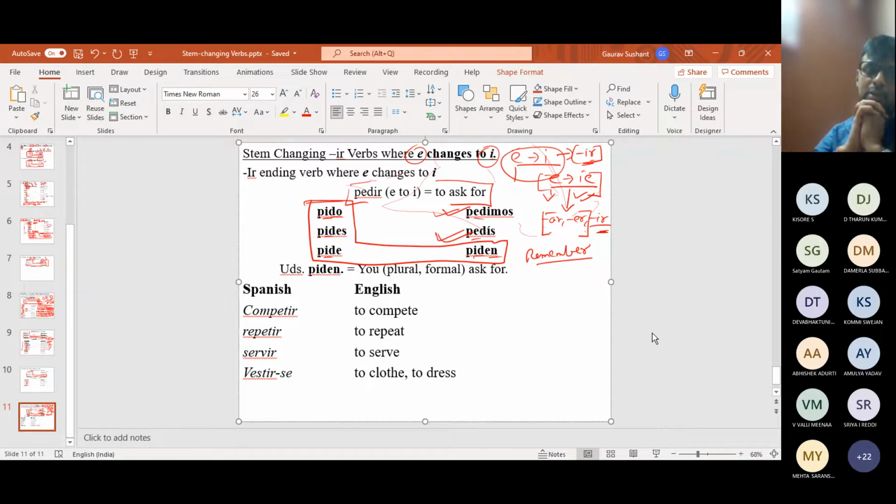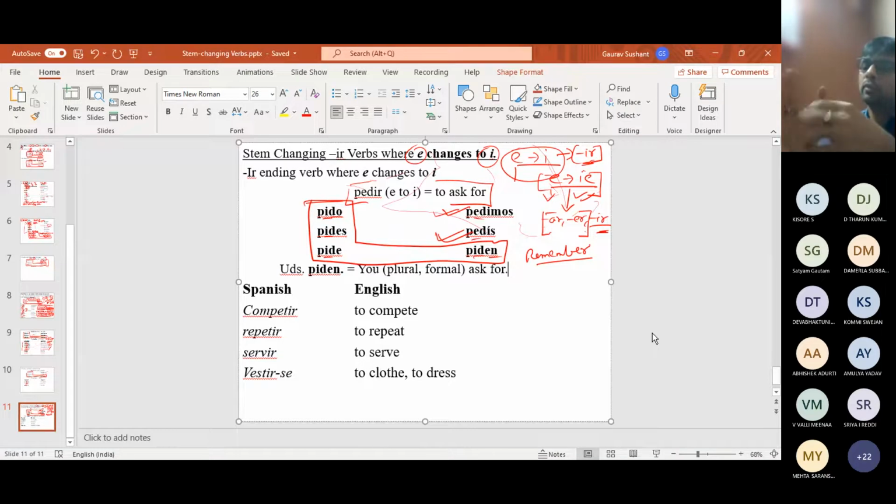At least those which are given in the slides, please remember them. I could make this list longer if you want, but I just want to keep it limited to this only. So in the exam also only these verbs are going to come which are mentioned in the slides? Yes. If there is any new one, then it will be mentioned. Okay, sir.